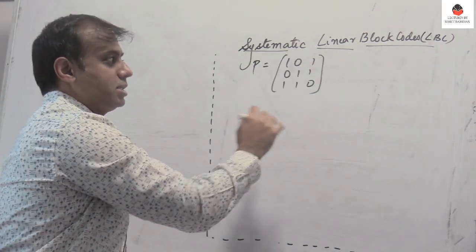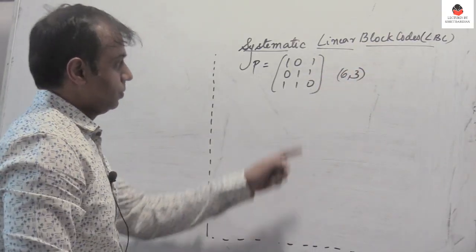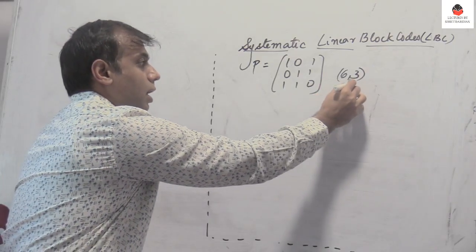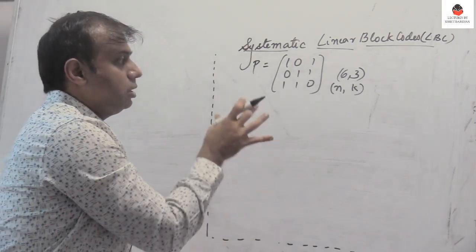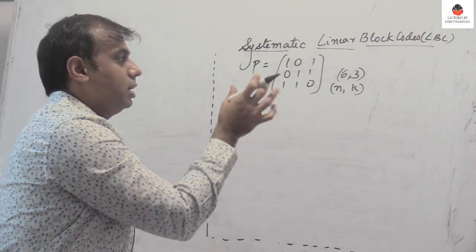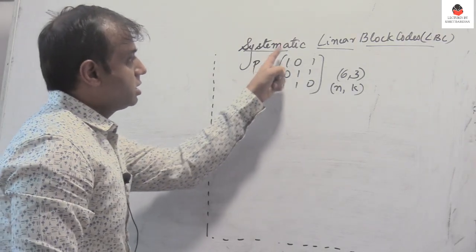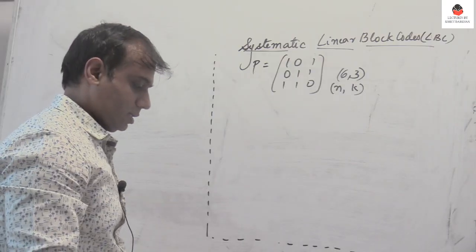So the problem states that in a given systematic linear block code 6,3, where 6 stands for n and 3 stands for k, the length of the code word is 6 bits and the length of the message is 3 bits. The parity matrix is given by this. Find all possible code words.